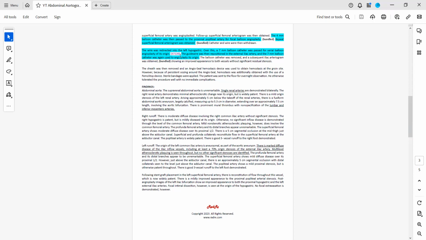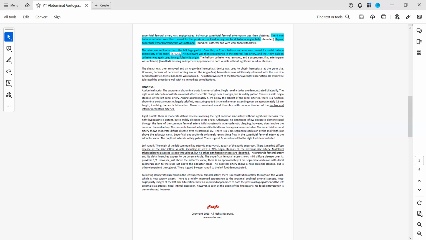Now, I can tell you, practically speaking, you don't necessarily always get all of those elements documented. I believe that that's something that should be discussed with the physicians because they're injecting contrast and they're probably seeing all of the origins of those vessels. They may not be commenting on them because maybe there's no abnormality. And I think this case is a pretty good example where when we look at the findings here of the abdominal aorta, it mentions the suprarenal abdominal aorta.